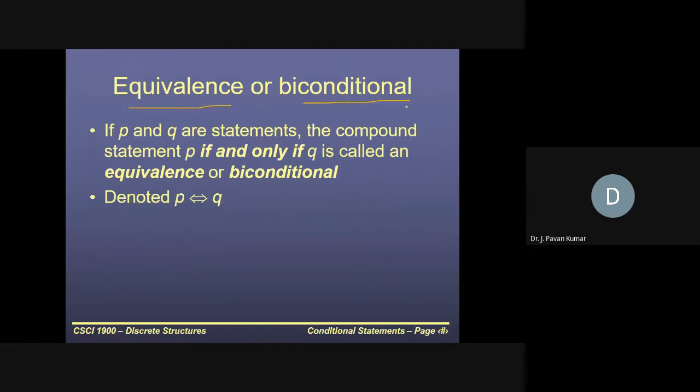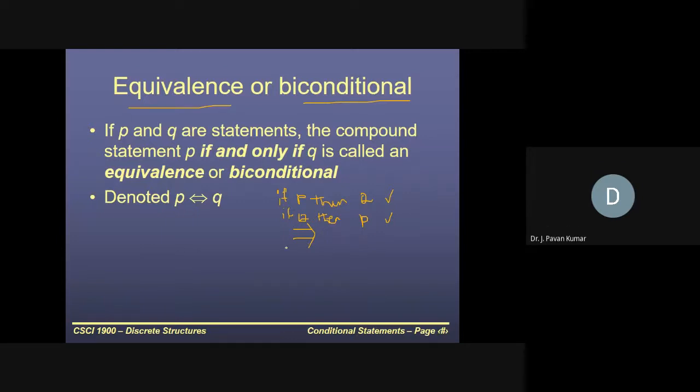Next, equivalence or biconditional. We have seen implies, that is if P then Q. Suppose if Q then P. If P then Q is true, and if Q then P is also true.